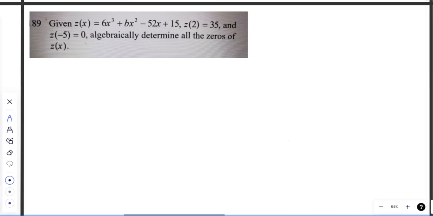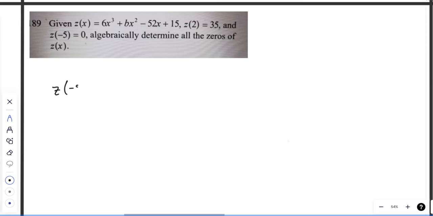Let's see, we got z of x. We have z of 2. We have z of negative 5. We need to algebraically determine all of the zeros of z of x. Okay. One thing we could do is try to find this missing b value.